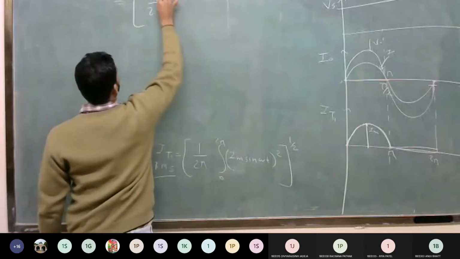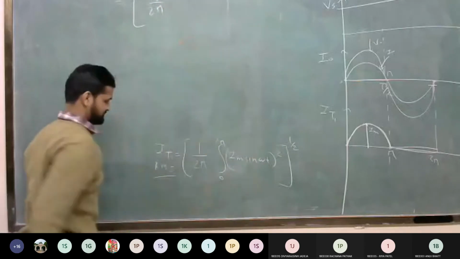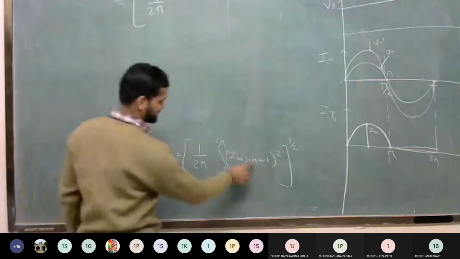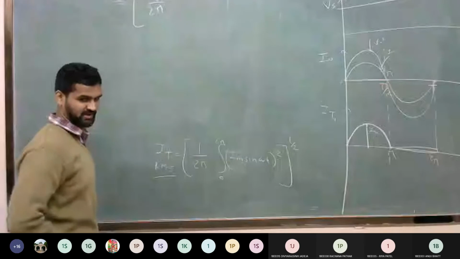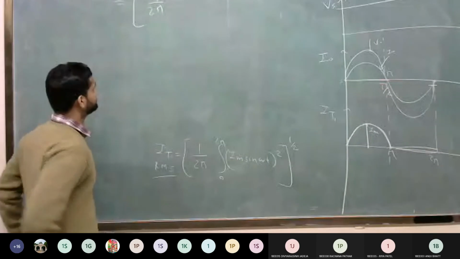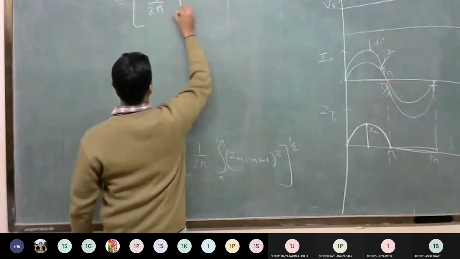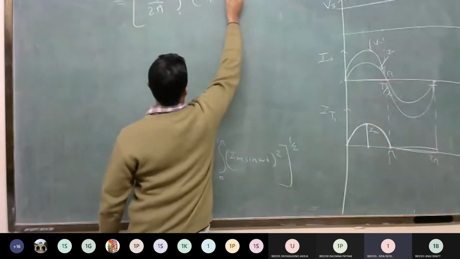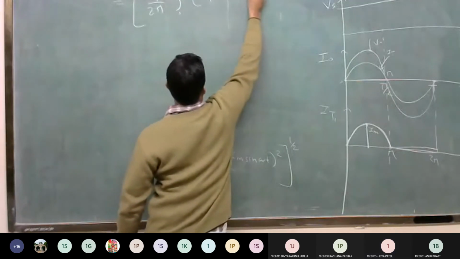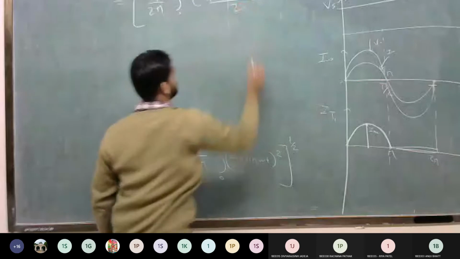So Im square is constant. Sin square omega t here I convert to 1 minus cos 2 omega t divided by 2. Clear? Integration 0 to 2 pi, 1 minus cos 2 omega t divided by 2.